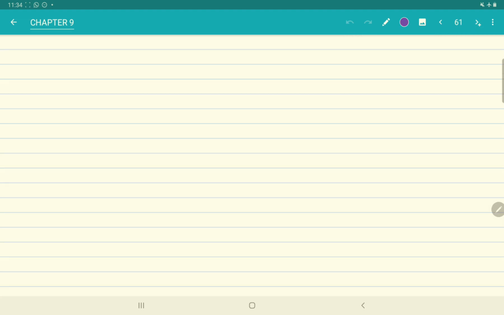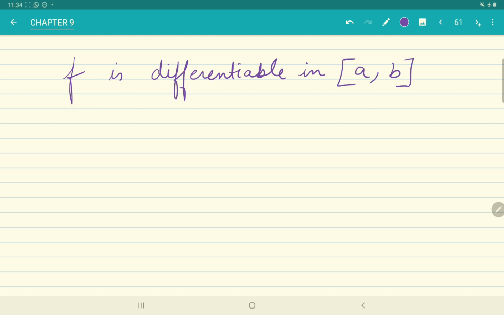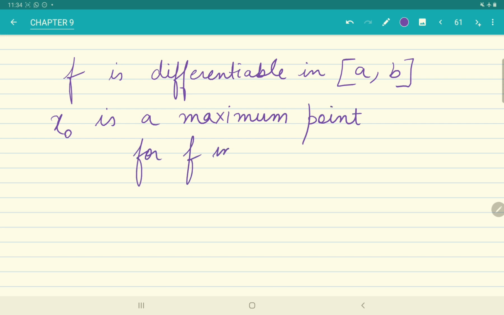Now let's suppose that we have a function f and it is differentiable in this closed bounded interval AB, and let's say I know that x0 is a maximum point for f in AB.